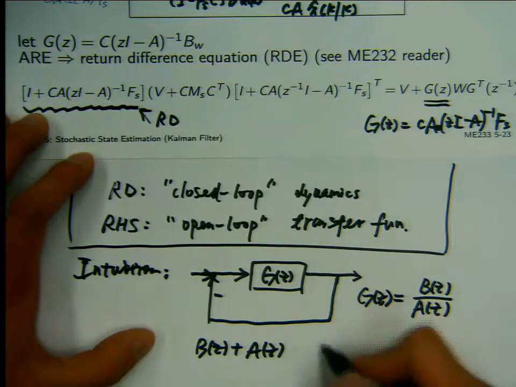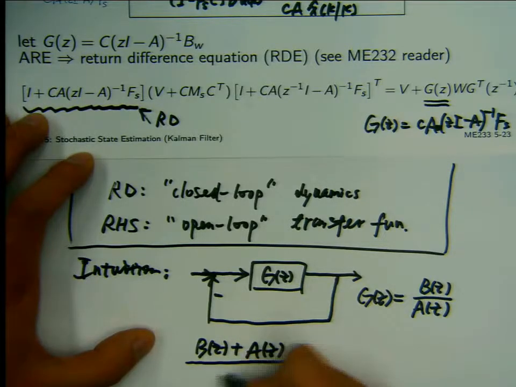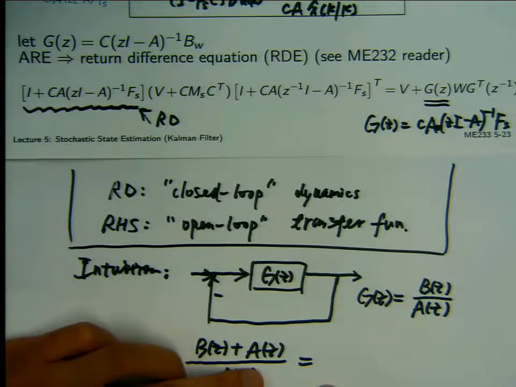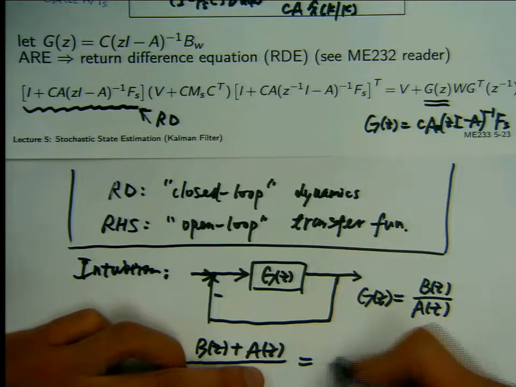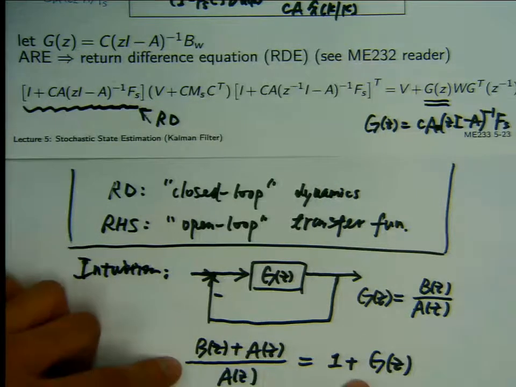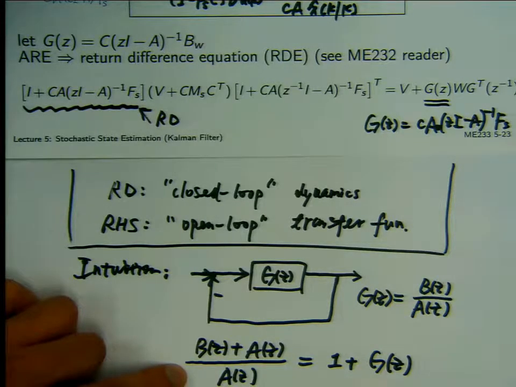Okay? So you see, it's exactly the case. The closed loop dynamics can be expressed as something related to the open loop transfer function. If I divide by A(z) here, I get 1 plus B(z) divided by A(z), which is G(z).